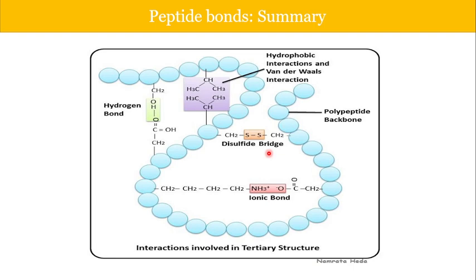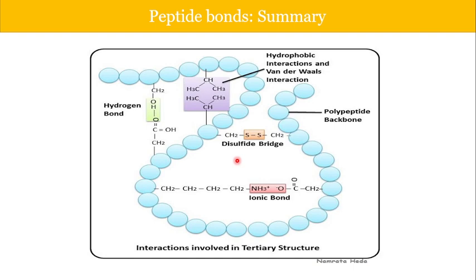Now, in this summary, we have heard about the hydrogen bond, which is between a hydrogen attached to an electronegative group and an electronegative atom, which can be oxygen, fluorine, or nitrogen. Then we have seen ionic bonds: even when two amino acids are far away from each other, if they are oppositely charged, there is an electrostatic interaction and they can form ionic bonds.